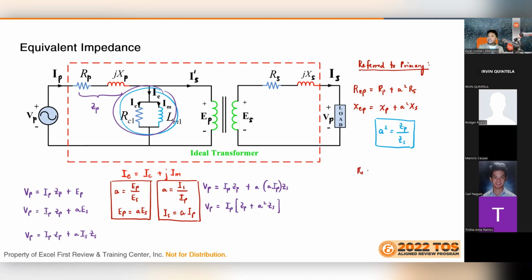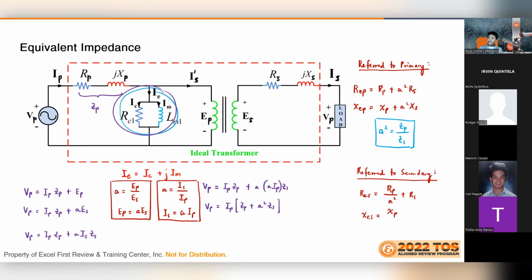And then the next one is, ito yung mga formula natin na importante ha, referred to secondary. Pag referred to secondary, we'll get this one as an RES is equal to RP over A squared plus RS.